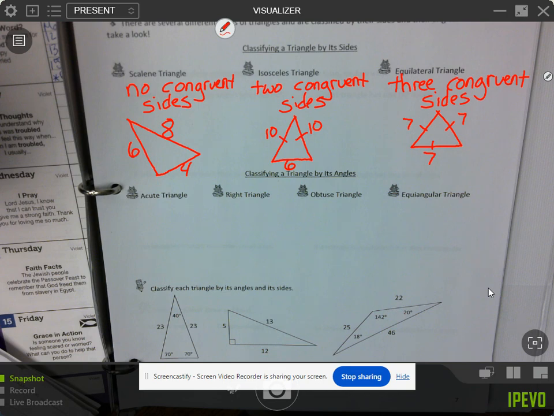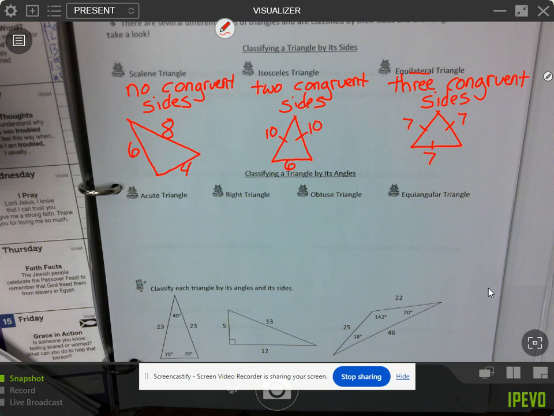Sides don't add up to any specific number. That's only angles. So that'll come into play with our next section. So the top ones, scalene, isosceles, and equilateral. Lateral means side. So equal sides. Those all relate to sides. So on the test, if it says, what is this triangle called? If you're going by sides, it's one of those three.